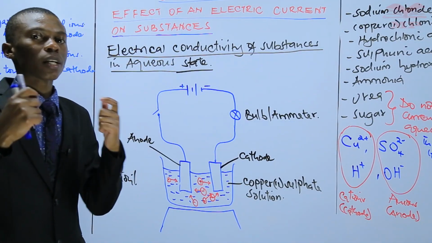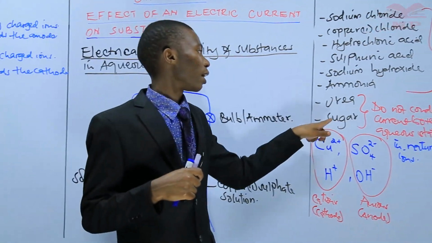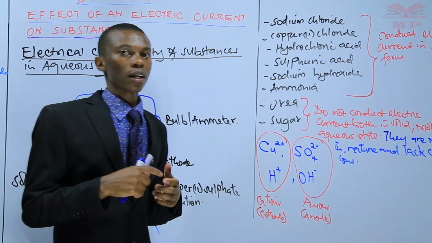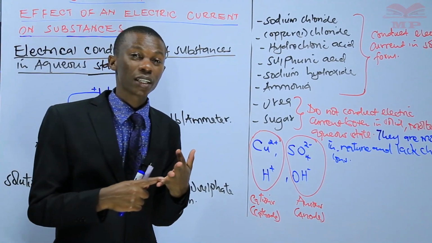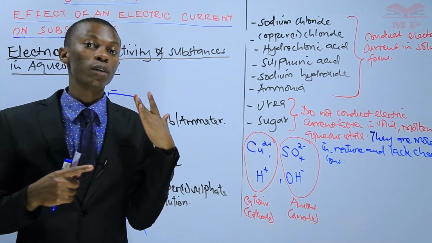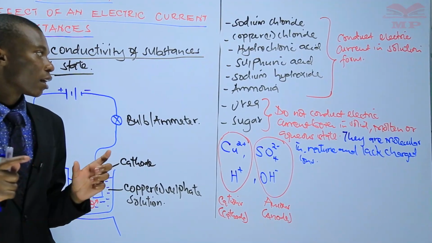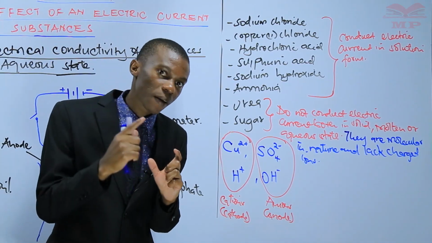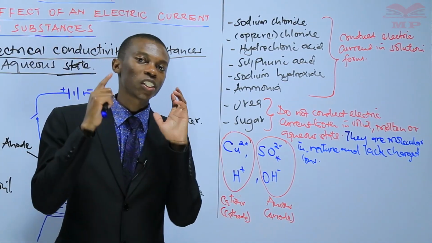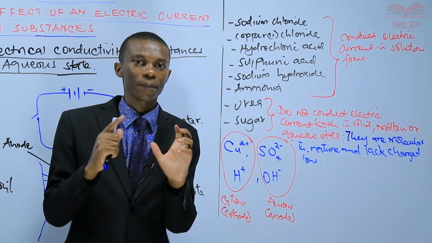And we have said that there are two substances which do not conduct electricity: urea and sugar. They do not conduct in solid, aqueous, or molten state because they are molecular in nature. Being molecular just means that they lack charged ions which can conduct electricity.